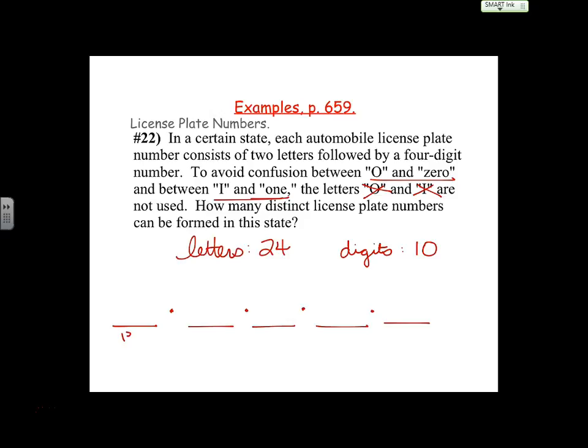So I have the first letter, second letter. So I'm supposed to choose 2 letters. Then I'm going to have my first digit, my second digit, and I'm missing 1 blank, right? My third digit, and my 4th digit.